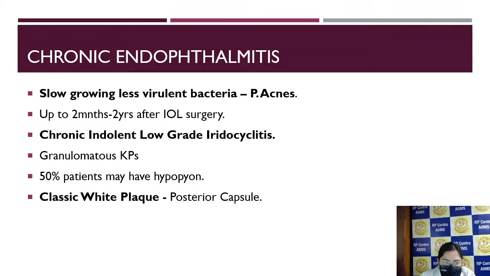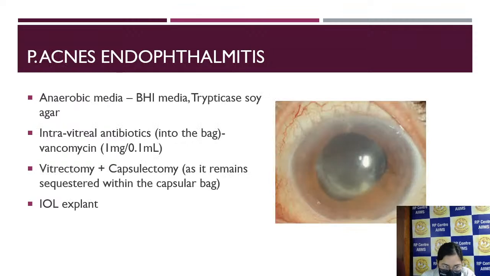Chronic endophthalmitis is usually caused by slow-growing, less virulent bacteria, P. acnes. It usually occurs from 2 months to 2 years after the IOL surgery. Chronic indolent low-grade iridocyclitis is present along with granulomatous keratic precipitates. 50% of patients may have a hypopyon, and the classic appearance is that of a white plaque in the posterior capsule. So this is a picture of P. acnes endophthalmitis.